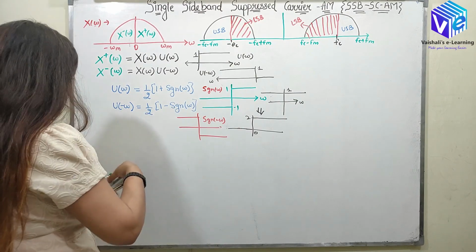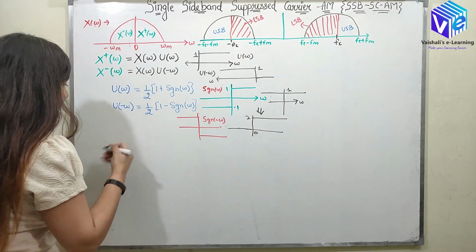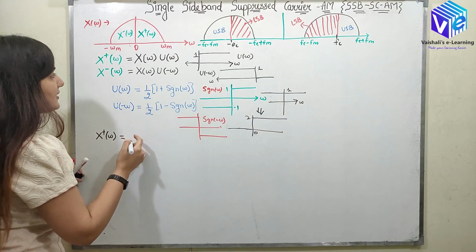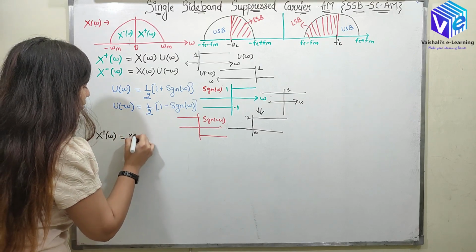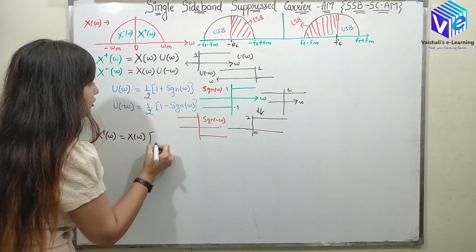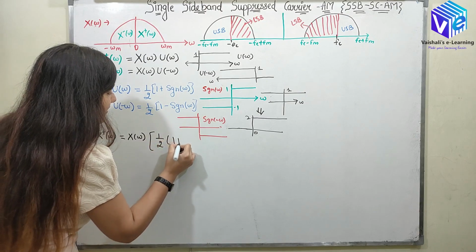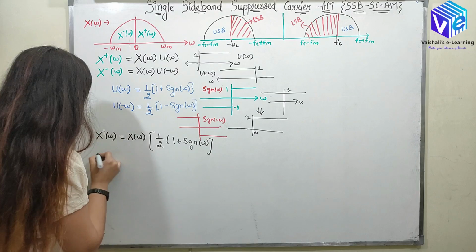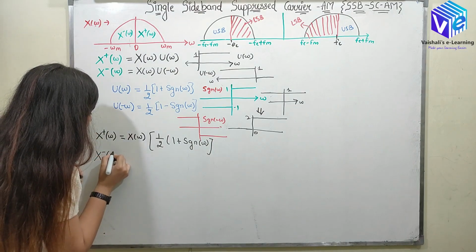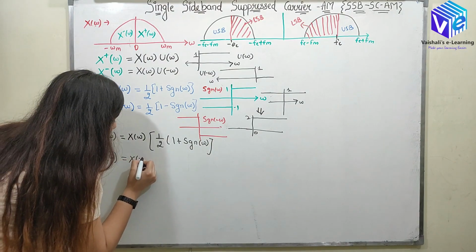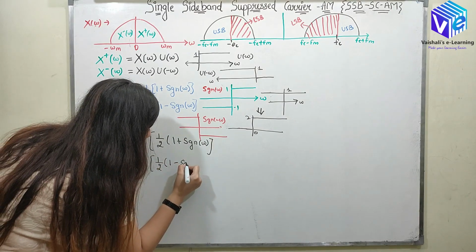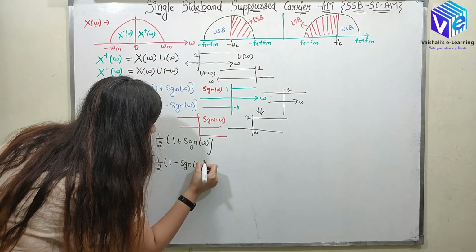So now I can represent X plus omega as well as X minus omega. X plus omega in terms of the signum function would be X of omega into half of 1 plus signum of omega. Similarly, X minus omega would be X of omega into half of 1 minus signum of omega.